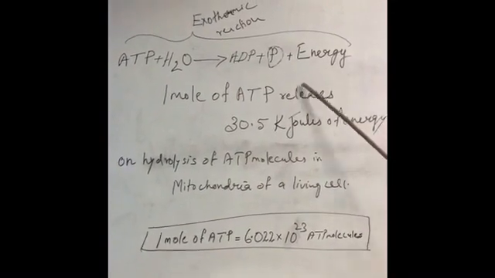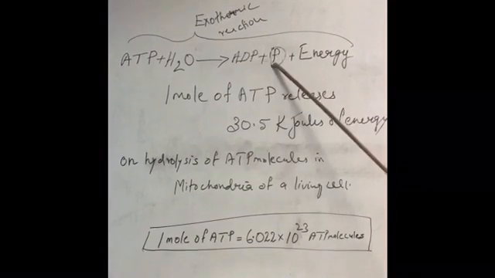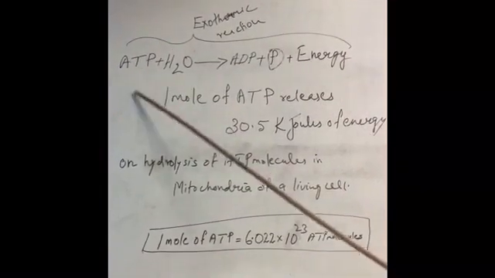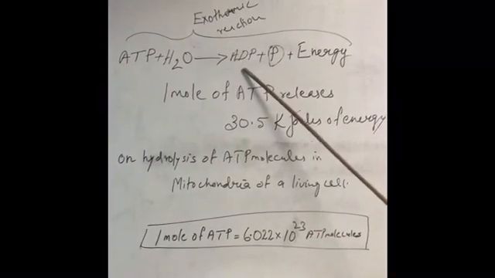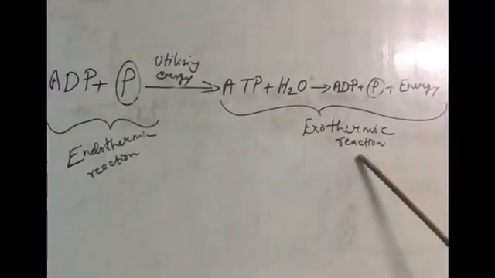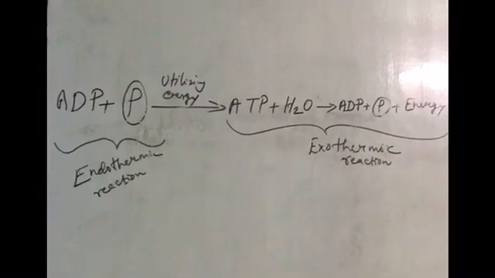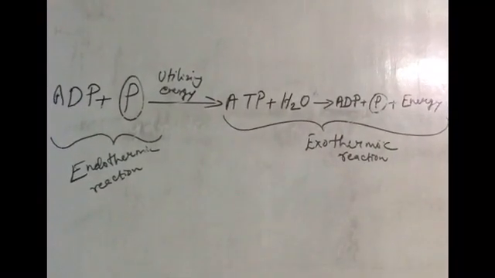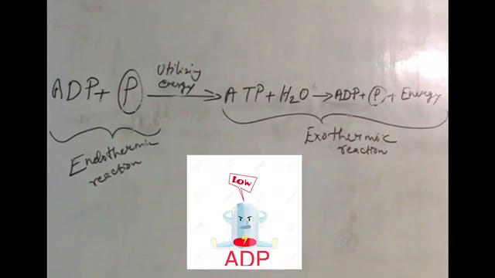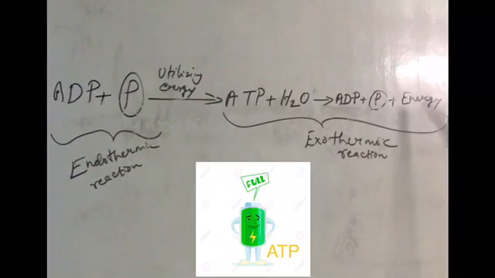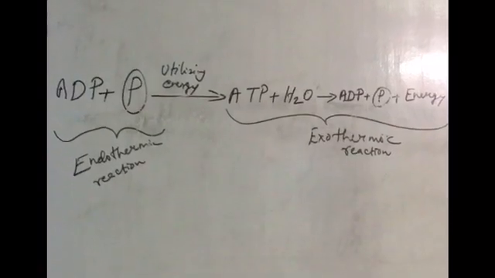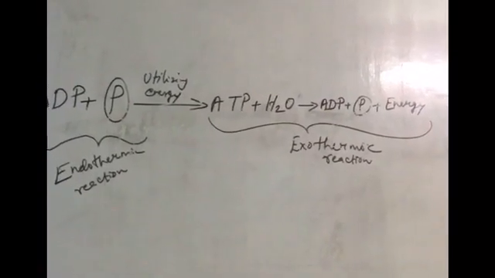This is done by the breaking of the terminal phosphate in ATP, so that ATP is converted back to ADP. Thus, we can compare this process to a shuttle game where ADP can be compared to a used battery and ATP to a recharged battery. Remember, ATP is not a storage molecule.